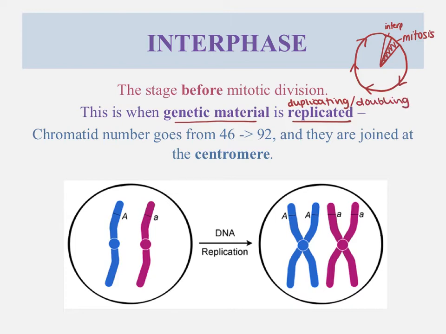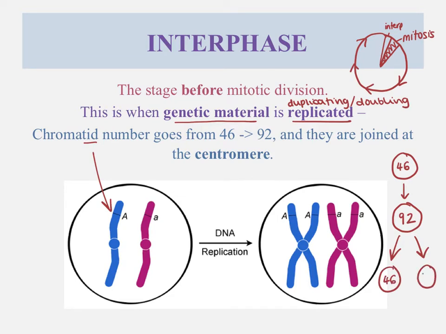Don't say the genetic material increases, because that's a little bit arbitrary and random. What that means is that our chromatids, remember the arms, go from 46 to 92. When you did your GCSEs, you would have said that the genetic material increases from 46 to 92 chromosomes, and then it splits down again into 46.